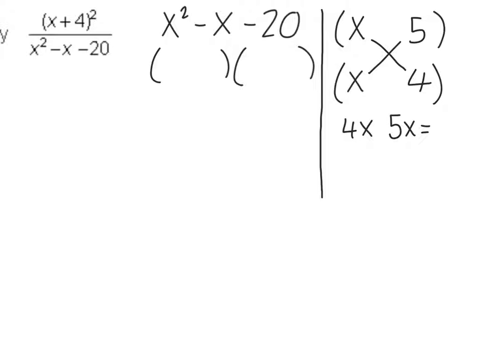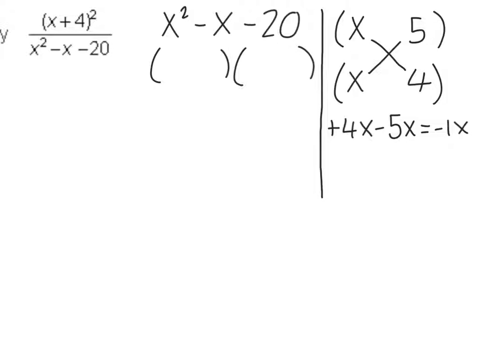Those two things have to combine by adding or subtracting to give us the term in the middle, which is negative 1x, and the sign is important here. So how are we going to do that? We want a sign in front of the 4 and in front of the 5, so we should realise that those would be plus 4 take away 5, giving us negative 1x.